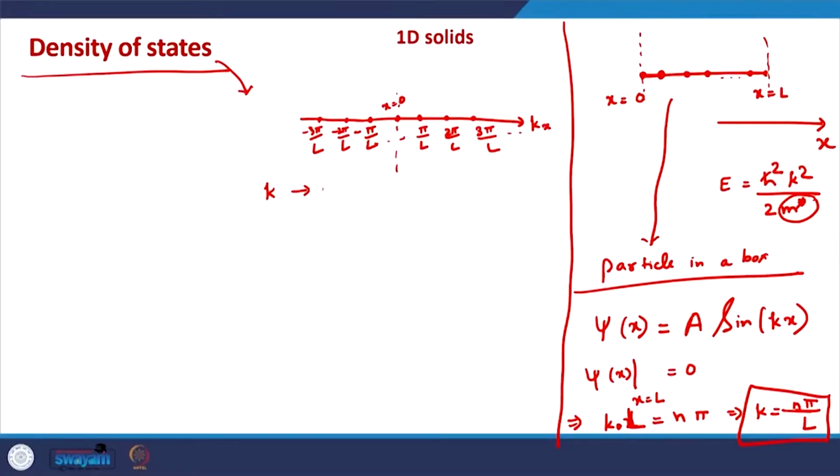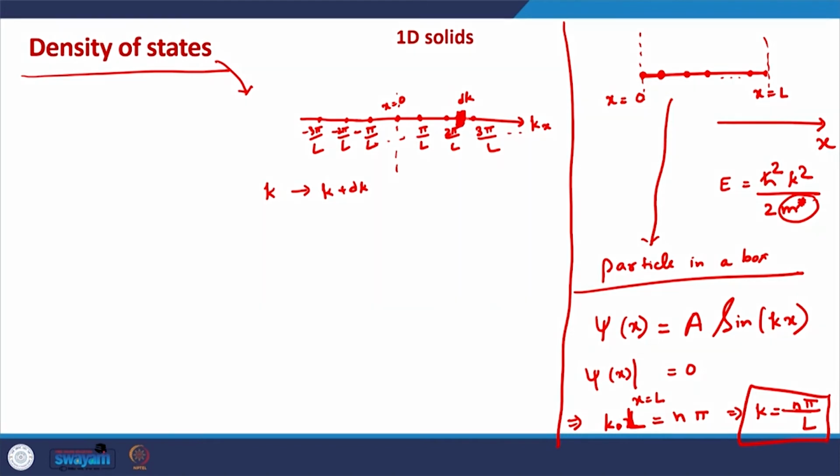Okay. So, now we need to calculate the number of electronic states in a range of k to k plus dk. So, for that we take a linear element on the k axis. So, we take a strip of dk width only, and we will see how many electronic states exist in this dk length.